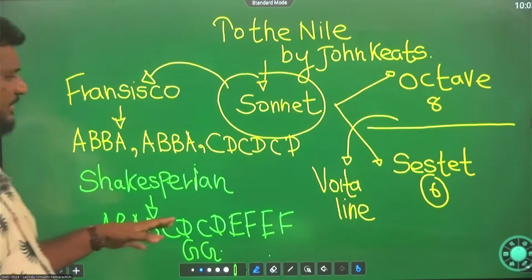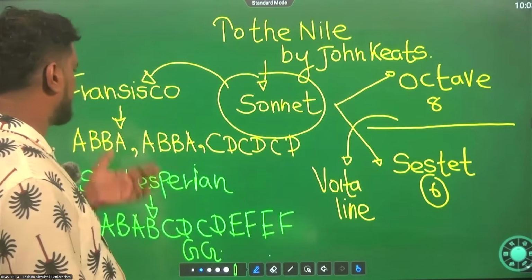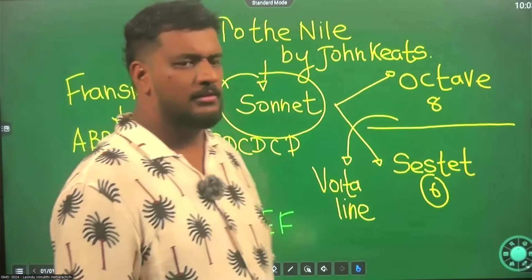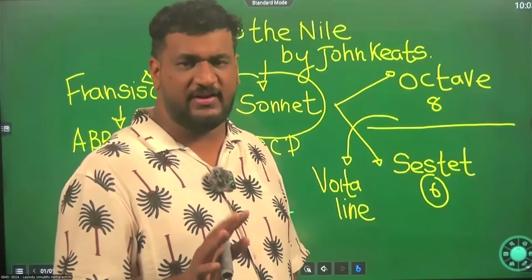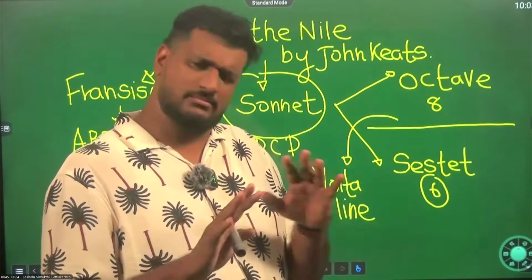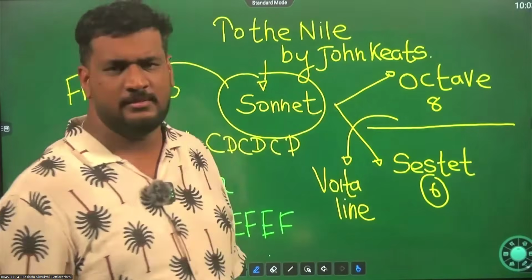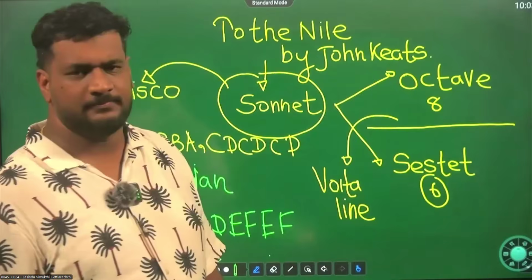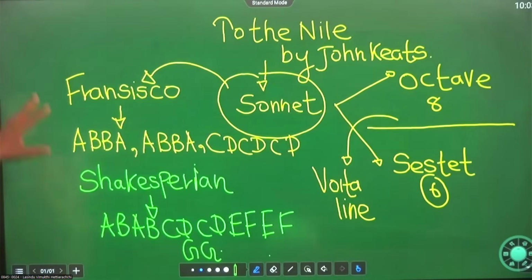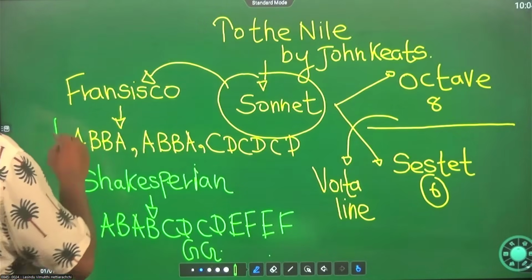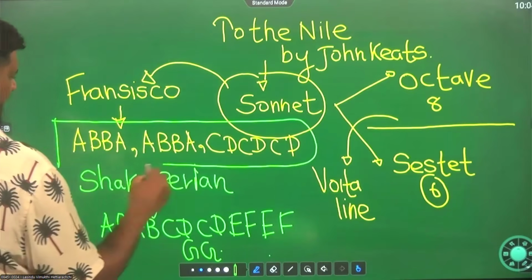So the only difference between Shakespearean and Petrarchan sonnets is the rhyming scheme. The lines are the same, 14 lines. They have an octave and sestet. The only difference is that in Francisco Petrarch's sonnets we have this rhyming scheme.